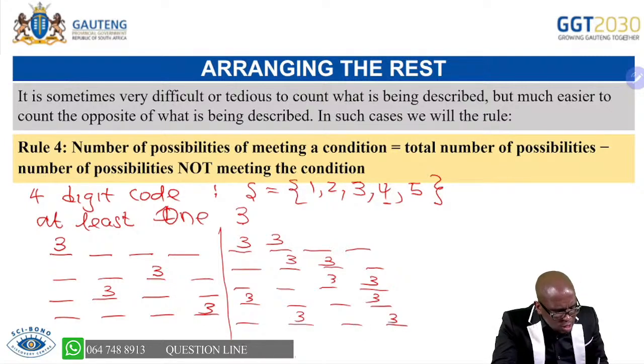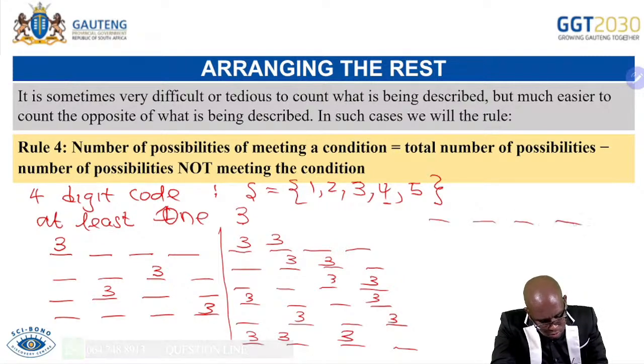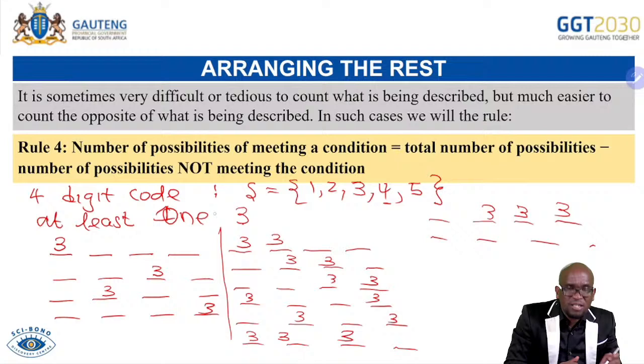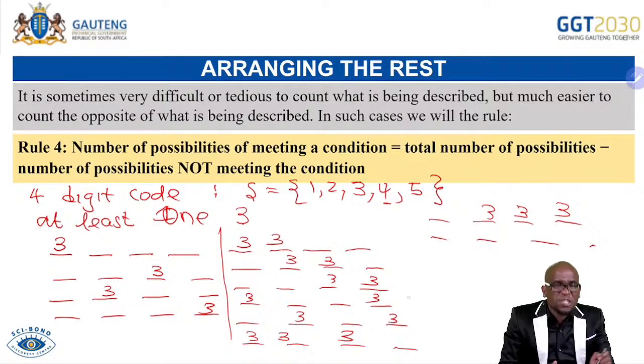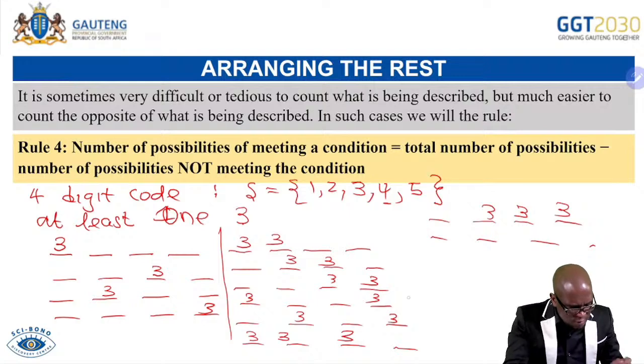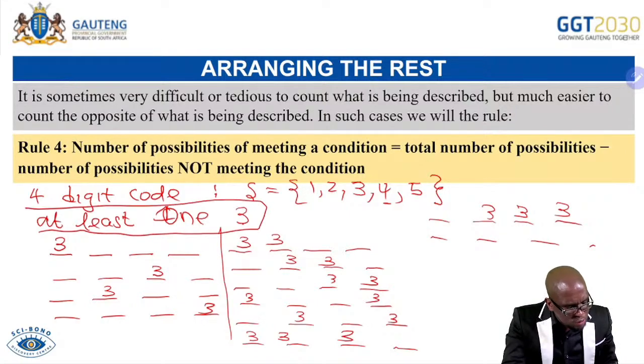You see, there are many. You can also use 3 3s in this position. You can still use 4 3s because they said at least 1. So if you check the options that you have, there are too many. So it will become very difficult to count using what?